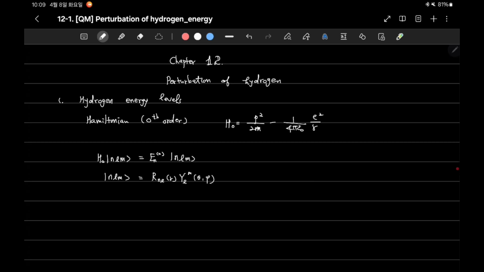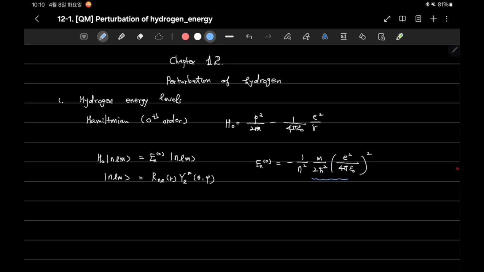Also there are well-defined solutions in the textbook, and E_n^0 is the unperturbed energy, that is minus 1 over n squared times m over 2 h bar squared times (e squared over 4 pi epsilon 0) squared.